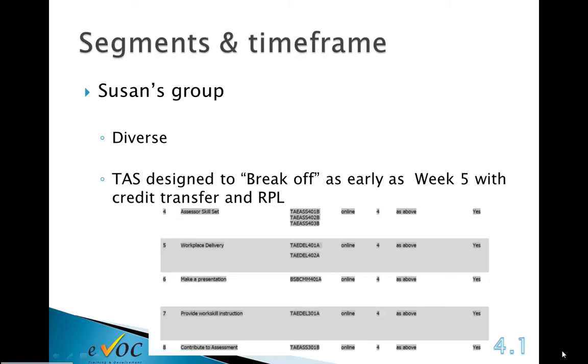Week 3 and 4 is a combination of our training and assessment components. So that goes over 2 weeks, and over that 2 weeks, we're doing 3 units of competency and clustering them together. Then it'll be a delivery component week 5, and then our electives start.